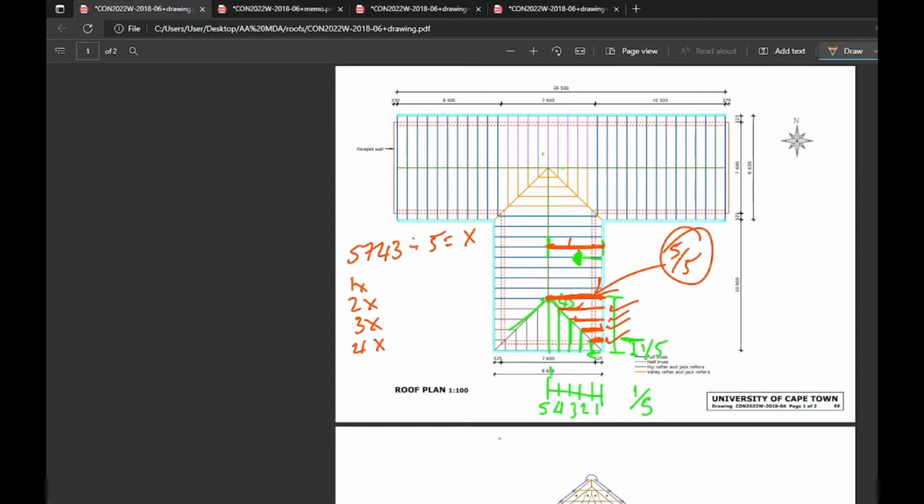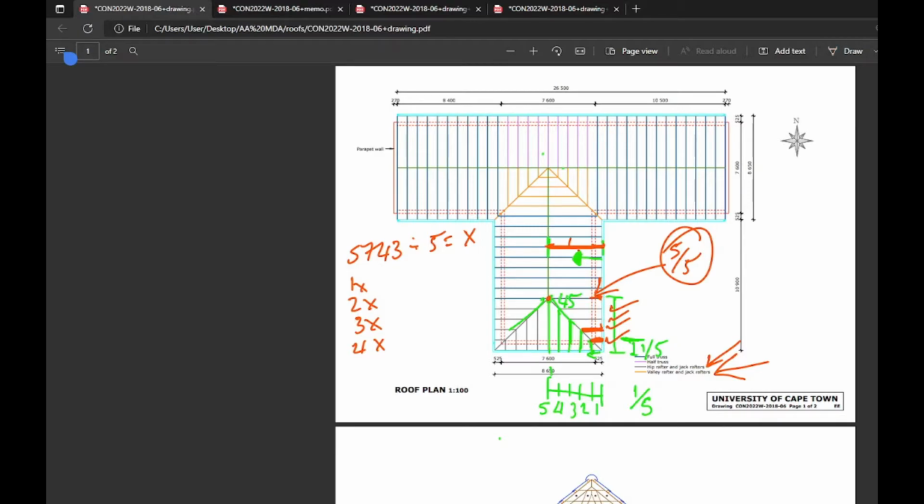Okay, so for this plan, we have the following places where the jack rafters are, and we're lucky enough for it to be indicated to us in color on the plan as orange. It's orange and black. I think this might be a bit misleading, and I'll tell you why now.